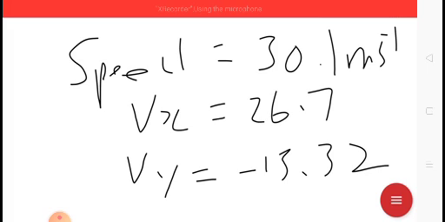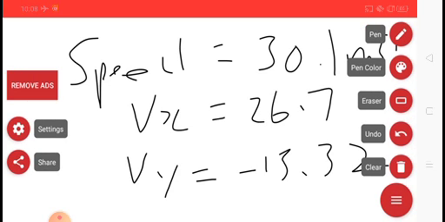When you calculate the angle you may use the exact value, but I just use the rough value. So when you have these two components of velocity, if you draw this in a graph, what is the direction?